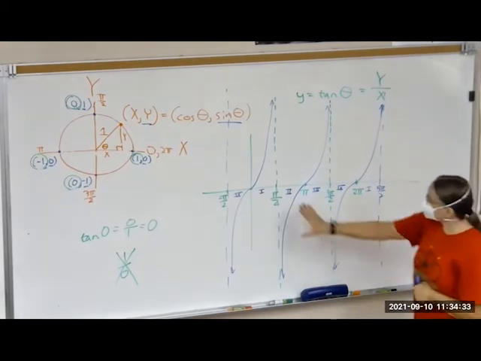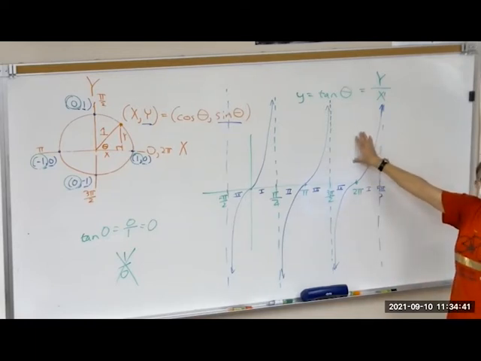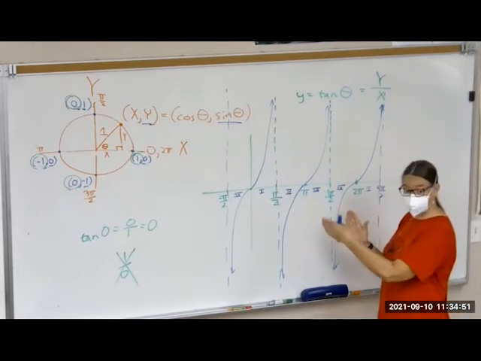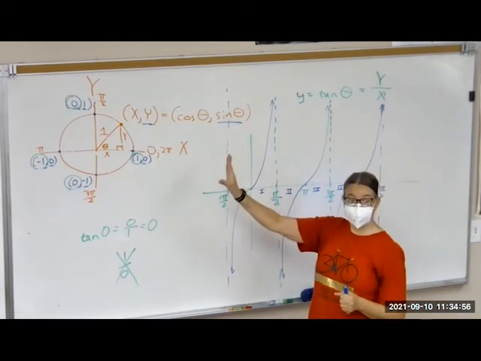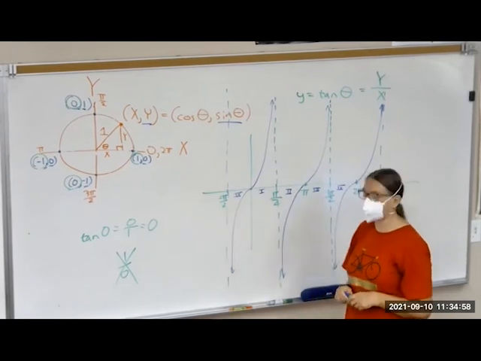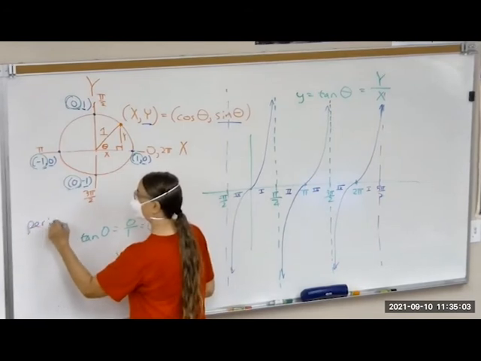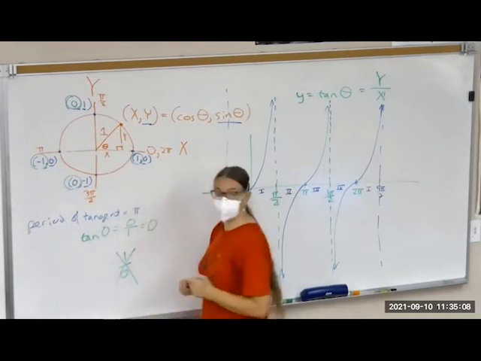Now I can see, oh, look, it looks like it's the same pattern repeated 3 times. And in fact, this shows 3 periods of tangent. So tangent will go through its cycle, its pattern or its period twice as we rotate once around the unit circle. What it does in the first 2 quadrants, it repeats in quadrants 3 and 4. Okay, so the period of tangent is pi.